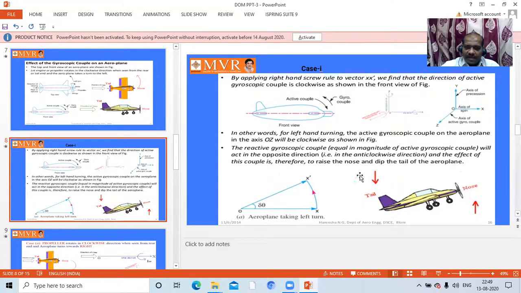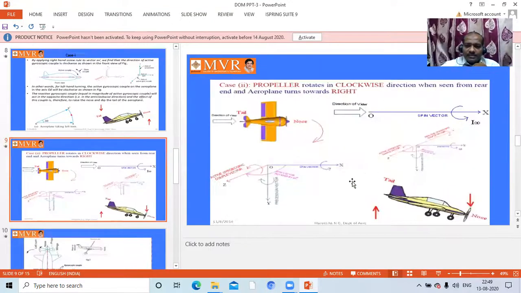And the effect of the couple, if it is going to take a left turn, is that we observe a raise of the nose and dip of the tail. That is what we can observe in this aeroplane figure. That means the propeller is rotating in clockwise direction and taking a left turn, so there is a raise of the nose and dip of the tail. I think you can understand this one.